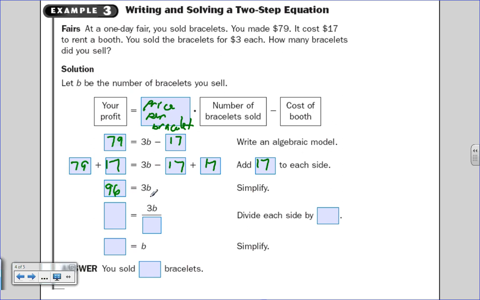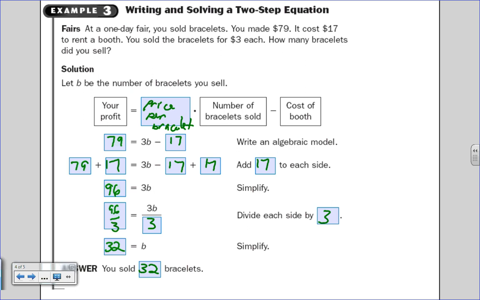Now we got multiplying, so that means we're going to divide, write them like a fraction, divide both sides by 3, and 96 divided by 3 should give you 32, which would mean you sold 32 bracelets, but not done.